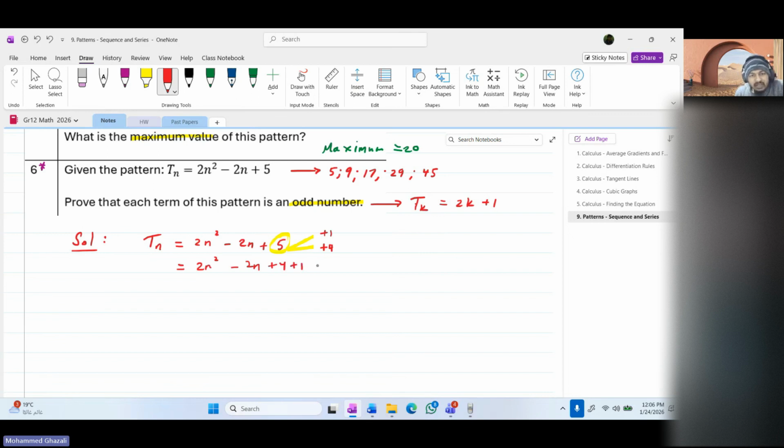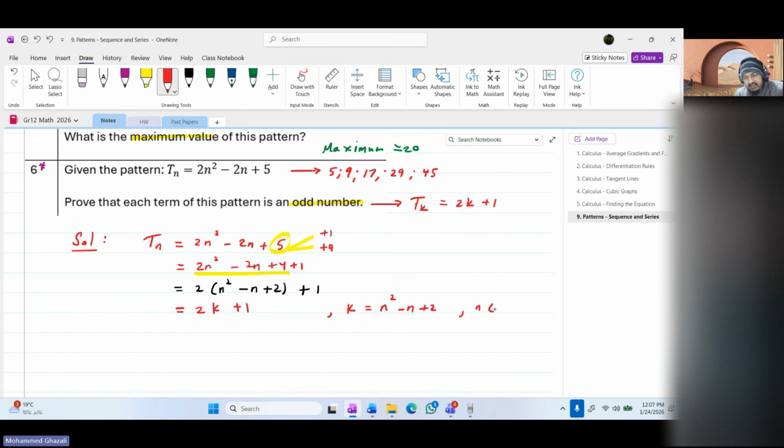Now we can clearly see that from the first 3 terms, I can take out a 2. And plus 1. Now you can clearly see that no matter what the value of n is, if you double, you'll get an even number, and if you add 1, you'll always get an odd number. So now we can say this is 2k plus 1, where the value of k equals n squared minus n plus 2.